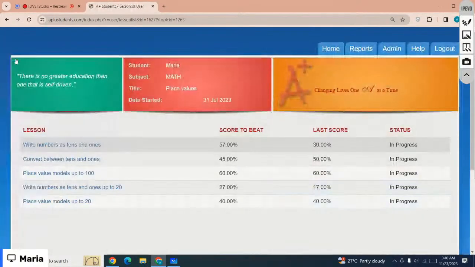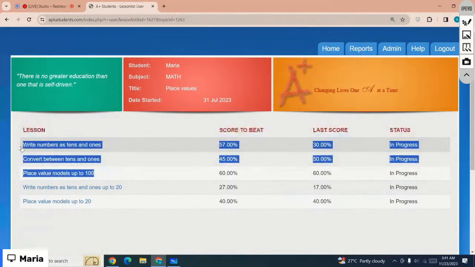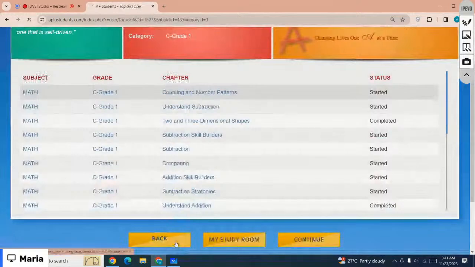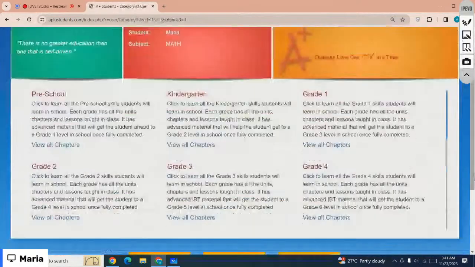The chapter we're working on is place values. The lessons we have covered today are write numbers as tens and ones, convert between tens and ones, and place value models up to 100, right? So please make sure before the next session you complete all the practice questions for the lessons we just did. If you need more help with any of the lessons, you can contact any tutor. They are available from Monday to Friday, 5 to 9, or you can join me in the interactive session that would be daily from 4 to 5 and from 9 to 10, right?